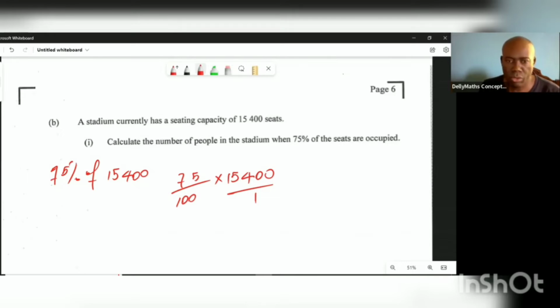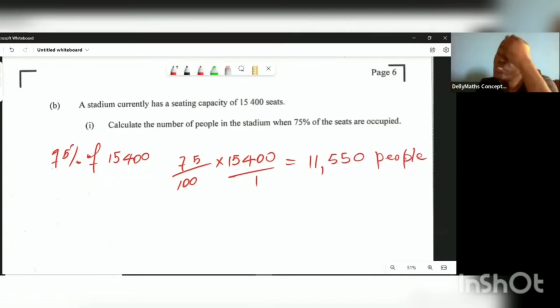Doing so on your calculator, this is actually 11,550 persons that are there, the number of people we have at that capacity. 11,550 people, that's what we have.